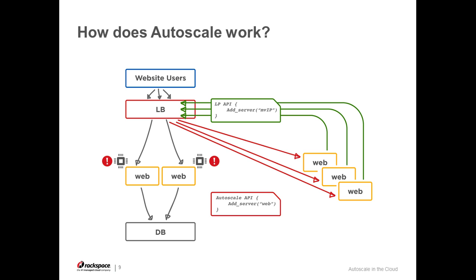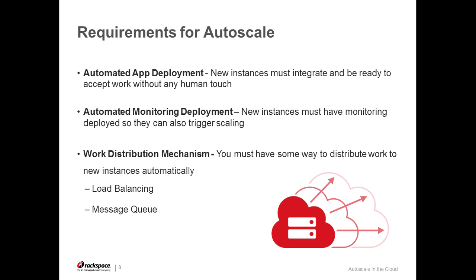You need a way to scale that tier horizontally and distribute work amongst those nodes, so that as new nodes come online, you have a way to actually send work to them. Again, in our example, we've used a load balancer. Another common way of doing that is a message queue, so that as these machines come online, they know where the message queue is, so they can just pull work out of your message queue.